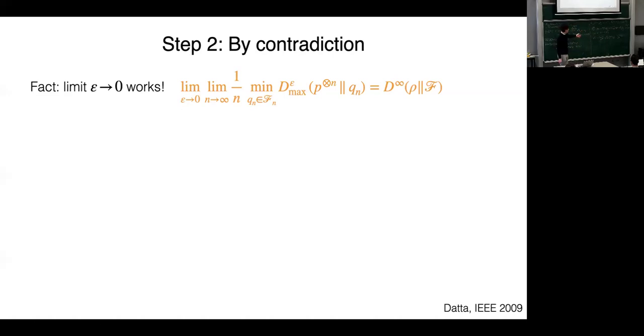Essentially, we need to prove that f plus of 0, for the limit epsilon going to 0, is smaller than this, and then f minus of any epsilon is larger than this.